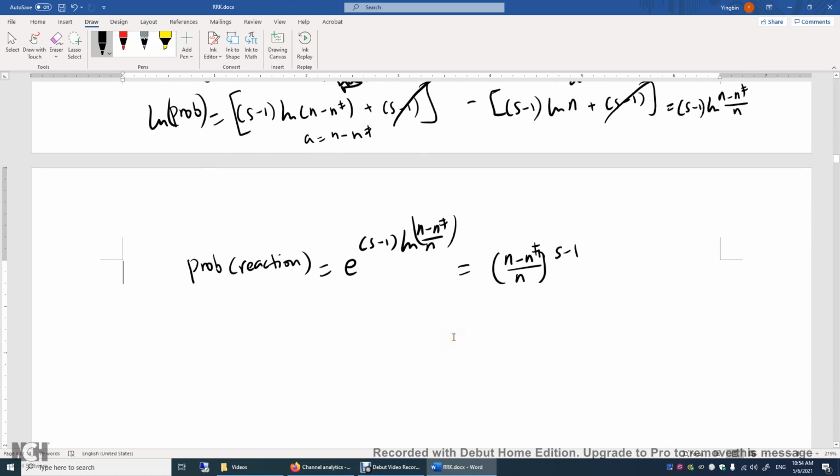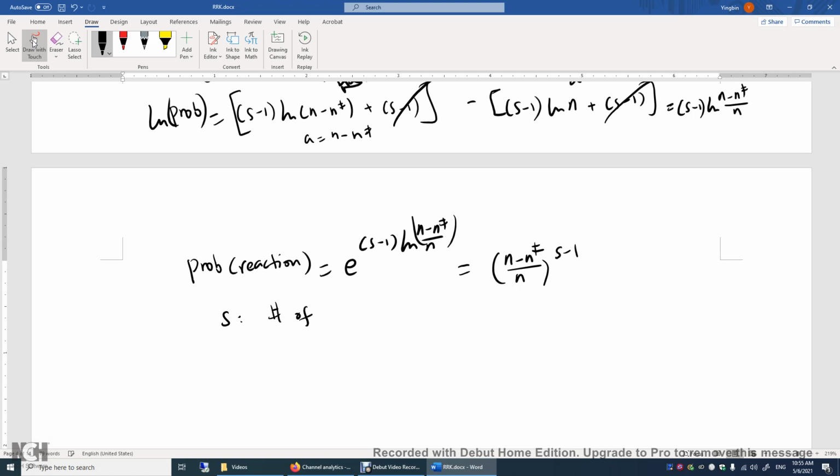Let's again look at the physical meaning of S, n double dagger, and n.